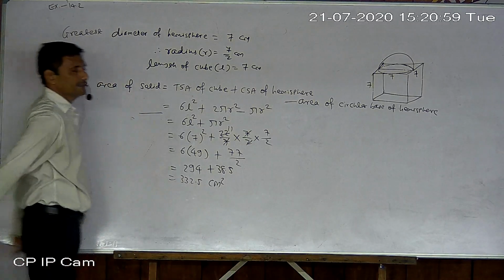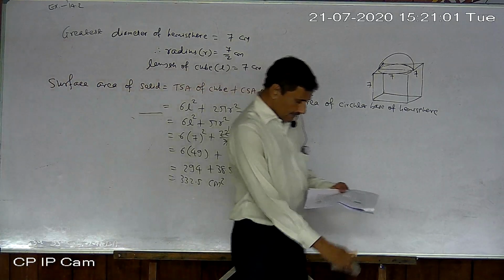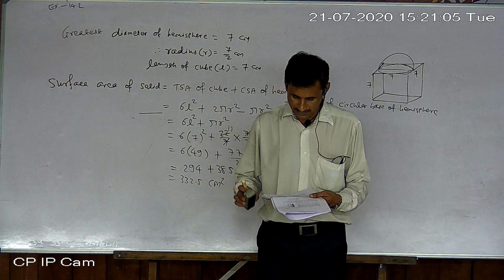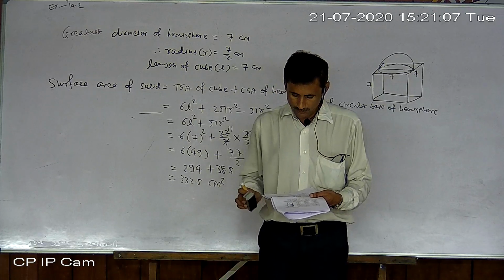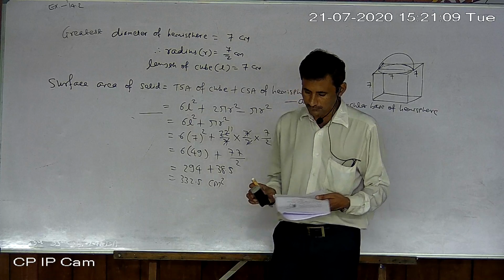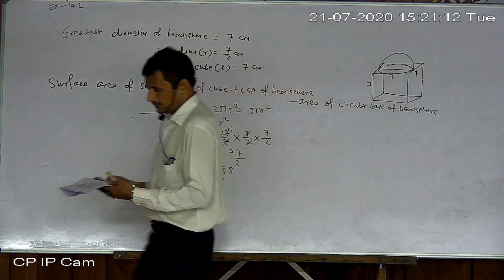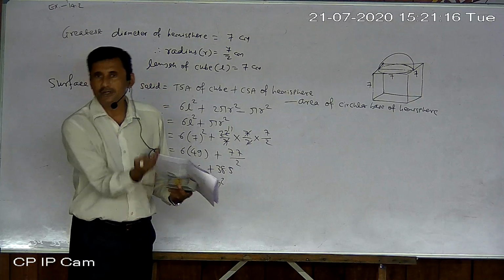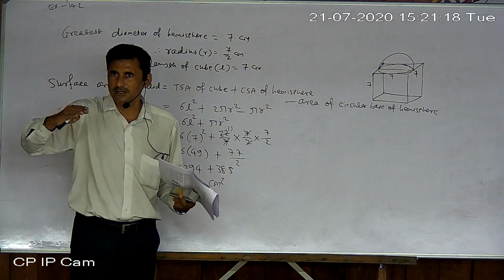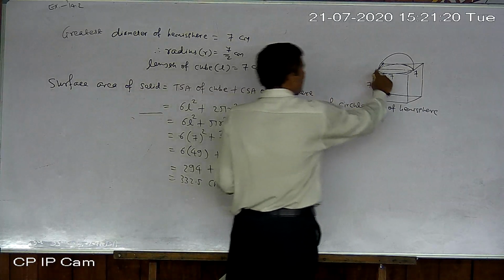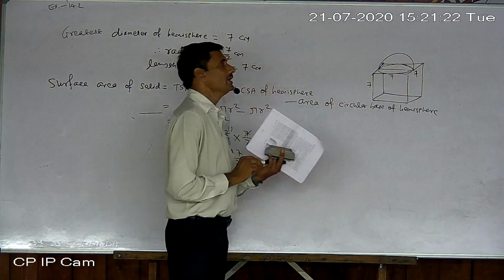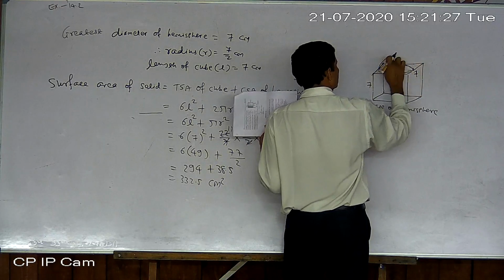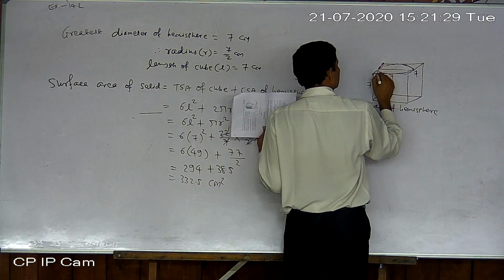Now look at the next one. It is again repeating. A hemispherical depression is cut out from one face of a cubical wooden block. Here depression means you know pit. So the same type of sum is given, but instead of mounted, that part is removed. Hemispherical part is given this way only.